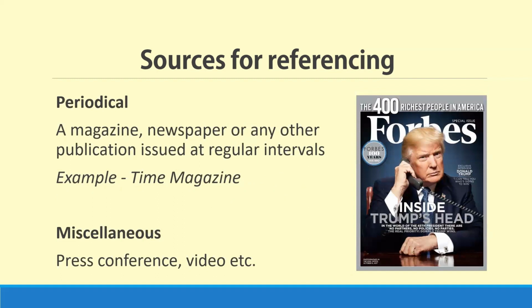And sometimes you may have to refer to periodicals and other miscellaneous sources, such as press conferences, magazines, videos, recordings. Again, here also, it's up to you to judge and decide whether the source is reliable or not. So these are some of the common sources for you to refer to get information, right?